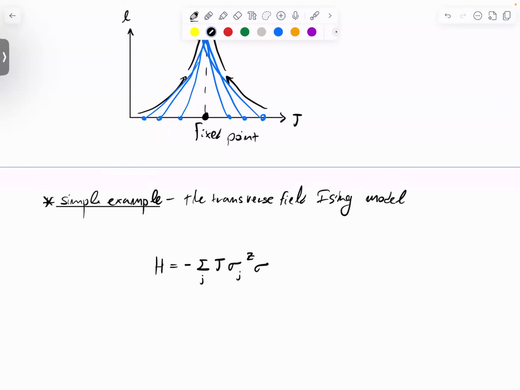So I'm taking the interactions to be ferromagnetic. And then there is a magnetic field H. Now, the point is, because this term and this term do not commute with each other, this model becomes essentially quantum.